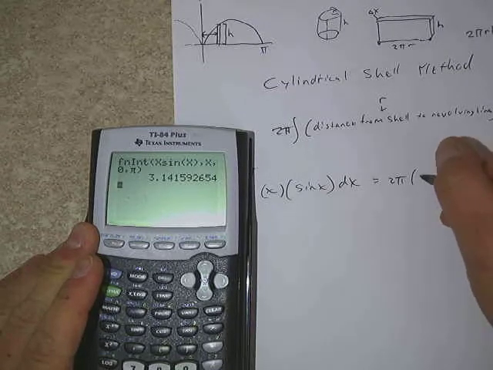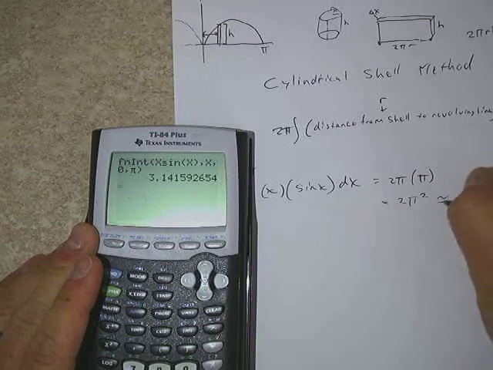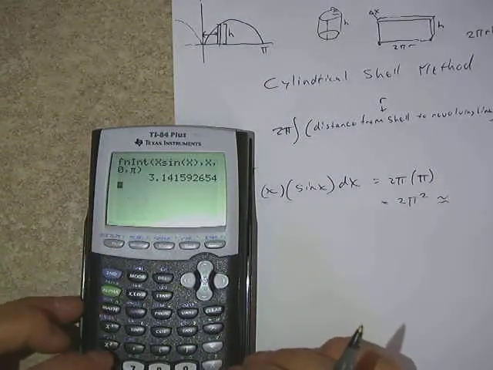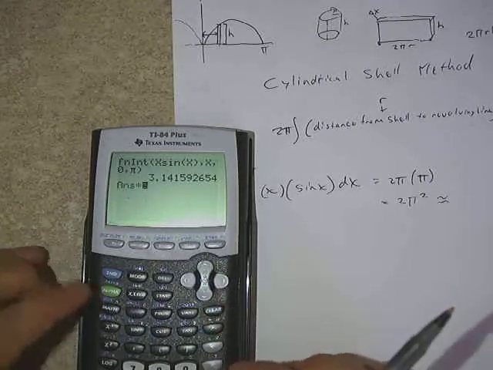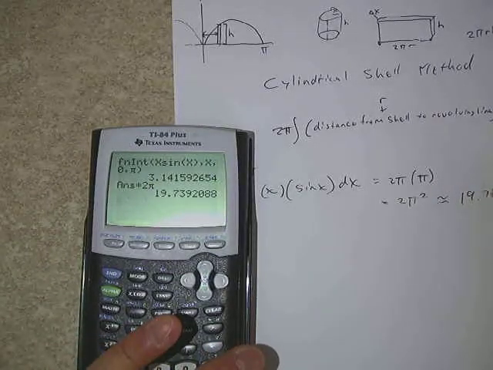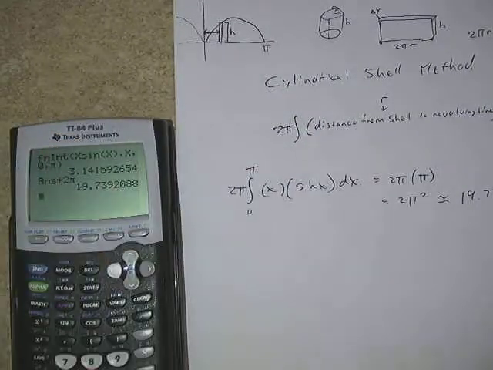So, to answer it, I'm going to have 2 pi times something. Let's find out what our answer is here. We do our math, and we have x sine x this time as our integrand, from 0 to pi. And it looks like a pretty nice answer there. Looks like it's pi, right?